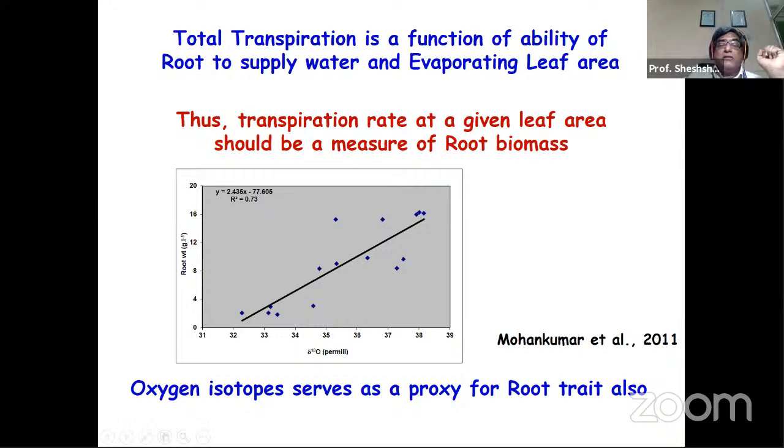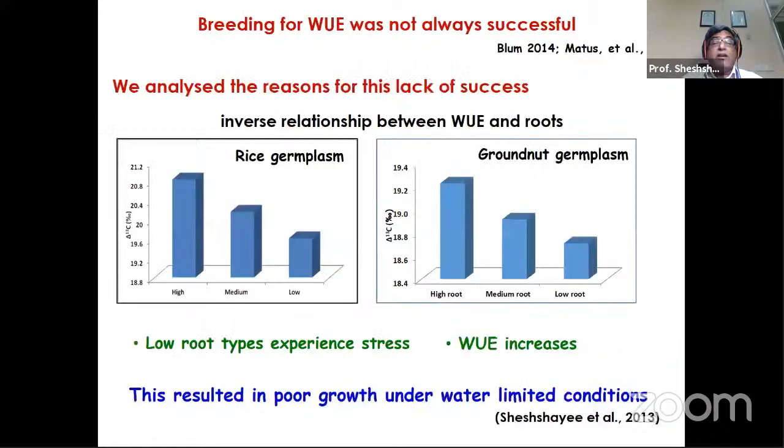This method can also be extended to measure if the root system is better or not, because any genotype that has a better root system can go and access water deeper, and that will have a better transpiration, and therefore the oxygen isotope enrichment is also related to the root biomass in rice. So this was an excellent situation for us, where we had two proxies which were high throughput mechanisms to measure genetic variability in water use efficiency as well as root traits.